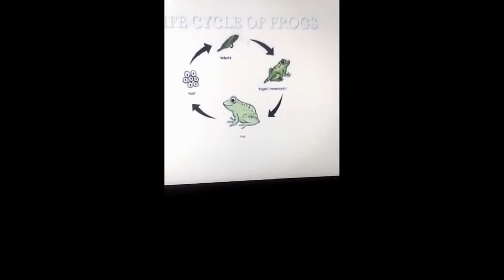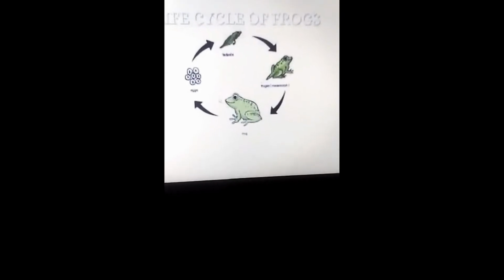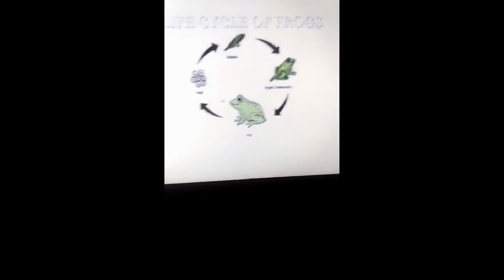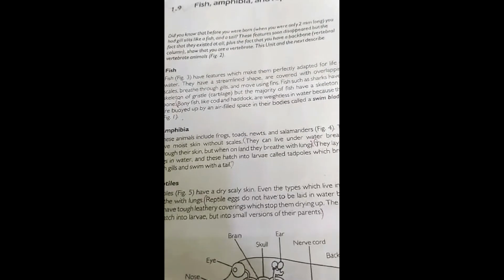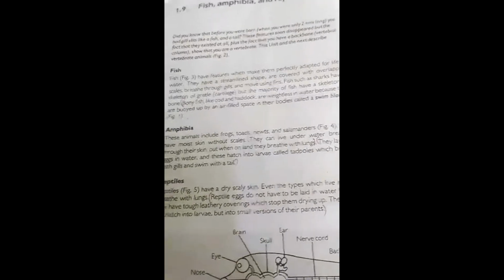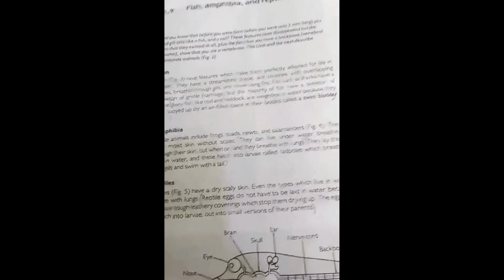So this is their life cycle. Frogs also live in water, but when they lay their eggs, they come out of the water, or sometimes they even lay their eggs in water. So when frogs are in the water, they breathe with their skin, but when they are on land, they breathe with their lungs.